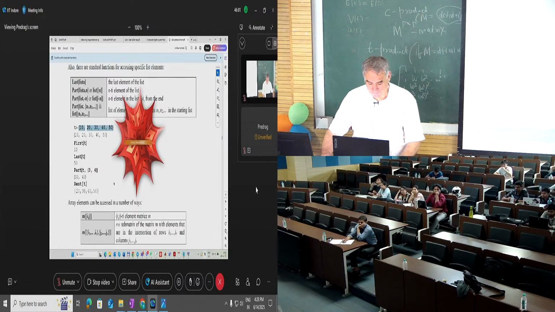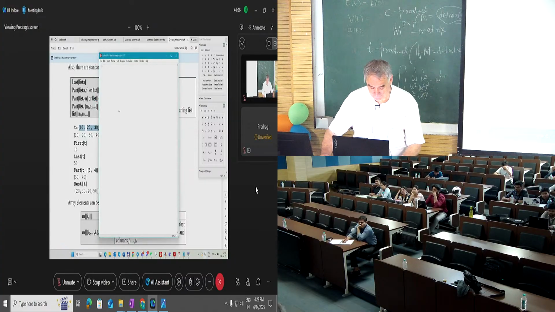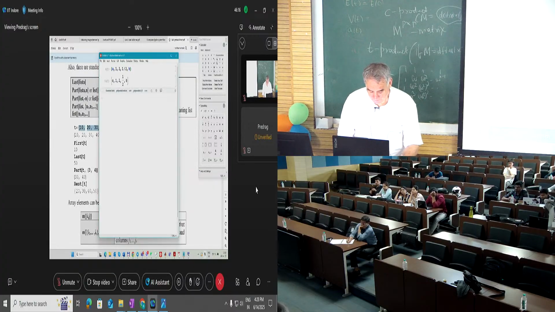Use PDF and then copy-paste in Mathematica. Here is one list. First, enter. If we have a function, we can press enter.